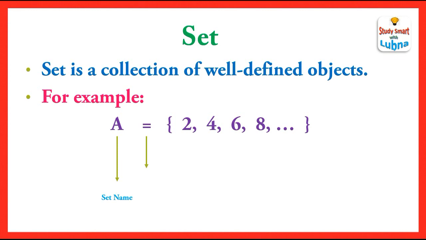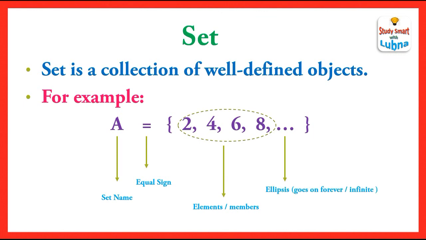Then we put the equal sign, and then these even numbers are the elements or members of the set. These three dots mean ellipsis, and its meaning is goes on forever or infinite. So these three dots show infinity or something that moves on forever.